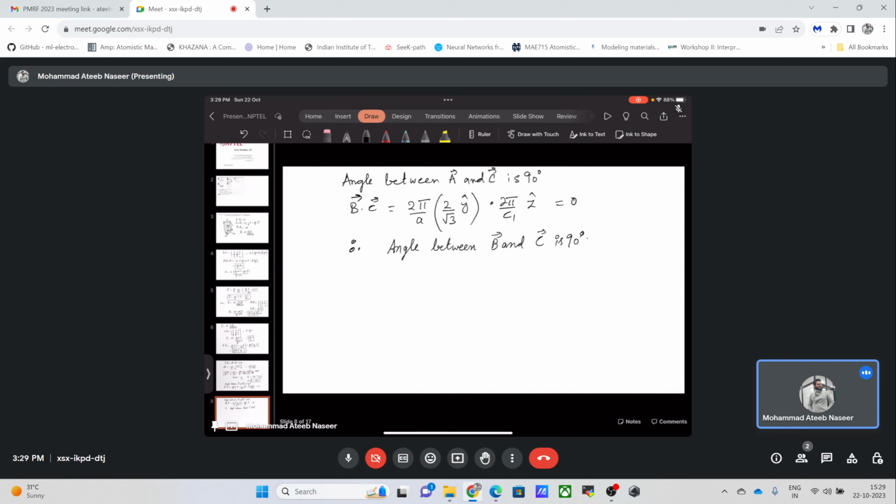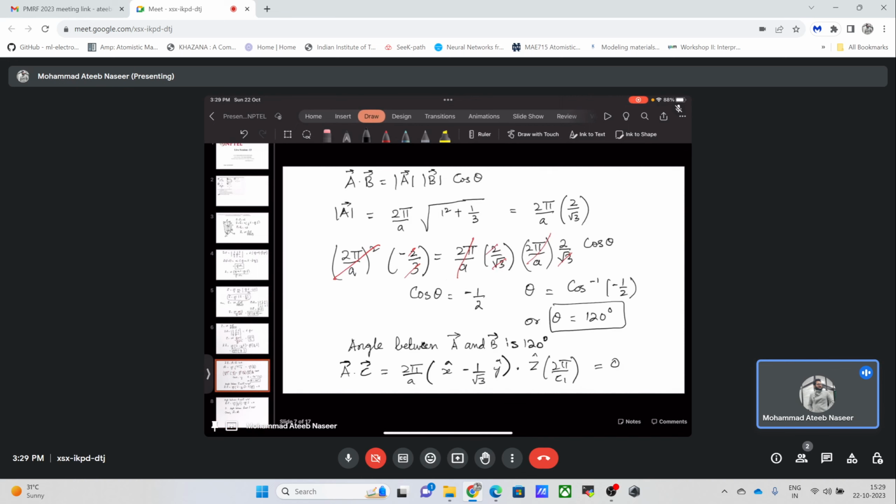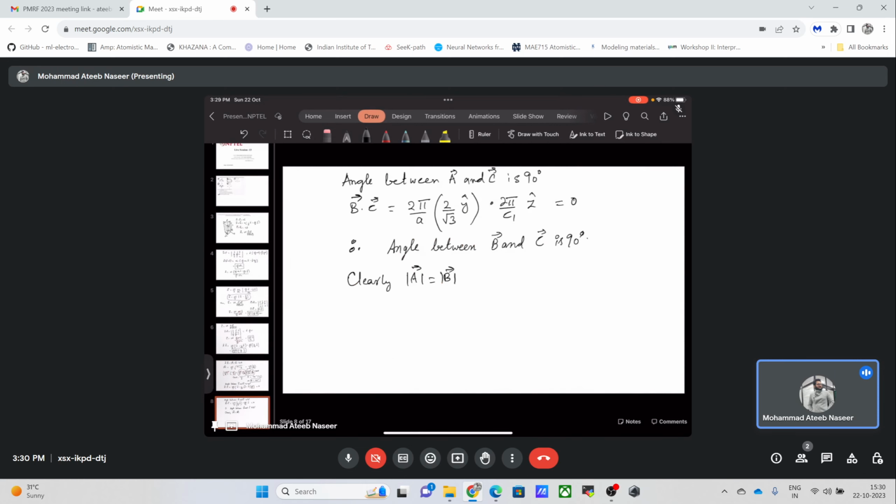So from this, clearly the magnitudes of the A vector and B vector were both equal, as is evident from this. This is the magnitude for the vector A, this is the magnitude for the vector B. Both are equal, and they are not equal to the magnitude of the vector C, and also the angle between the reciprocal lattice vectors A and B is 120 degrees.